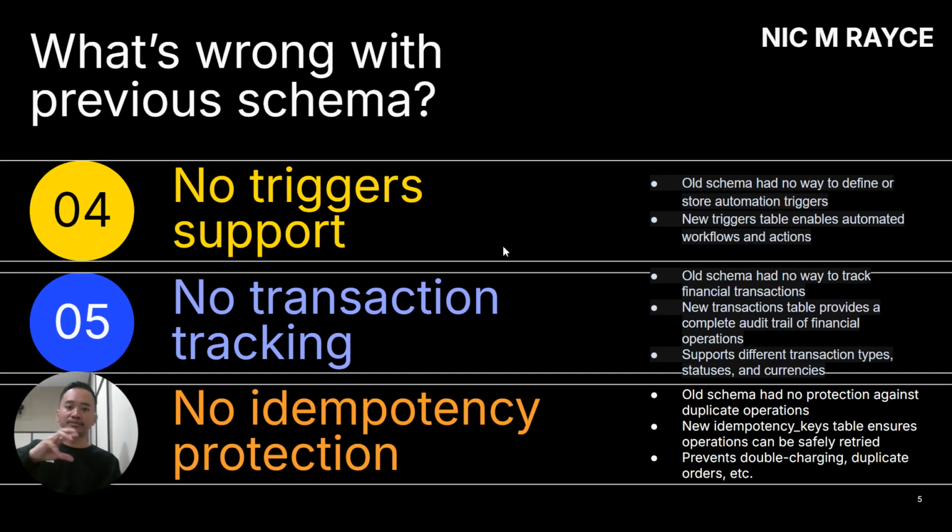That means we've processed something, but because there are no idempotency keys to ensure it can be safely retried, maybe there's some sort of payment error, like a charge card error, and we are not tracking this properly. Suddenly we are double charging the customer.